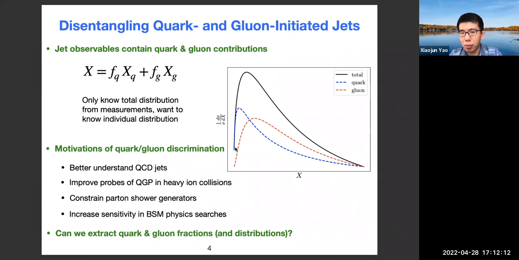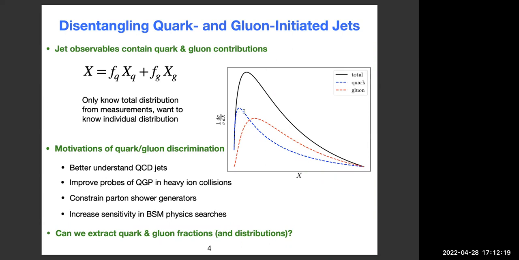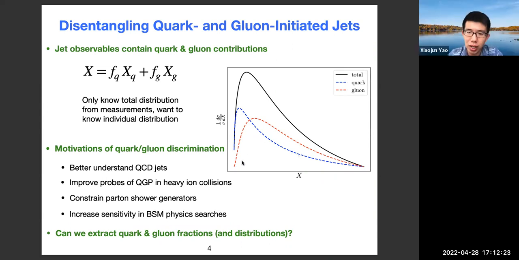That is depicted in this picture. The solid line is the total observable X, and it contains both a quark contribution depicted by this blue dashed line and a gluon contribution from the red dashed line here. We want to do a quark and gluon jet disentangling, like we want to extract the individual distributions of the blue curve and the red curve.